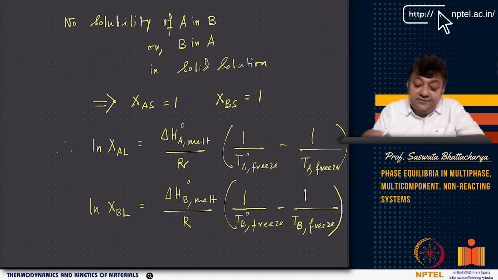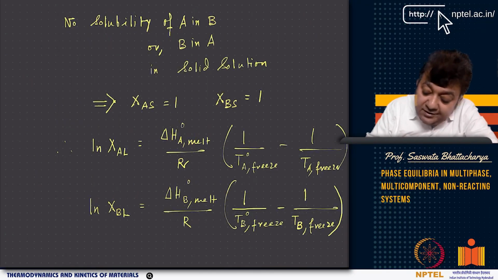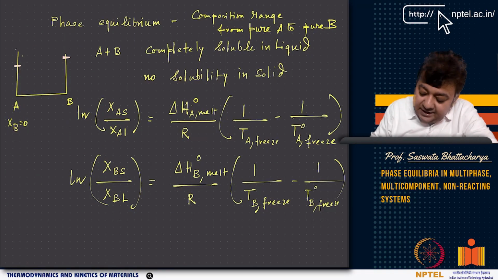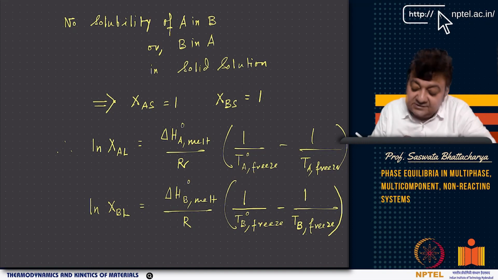Now you see, if you look at that, there is no solubility of A in B or B in A in the solid solution. So in the solid solution, XAS is 1 or XBS is 1. These are pure components. So if XAS is 1 and XBS is 1, then you have this equation.